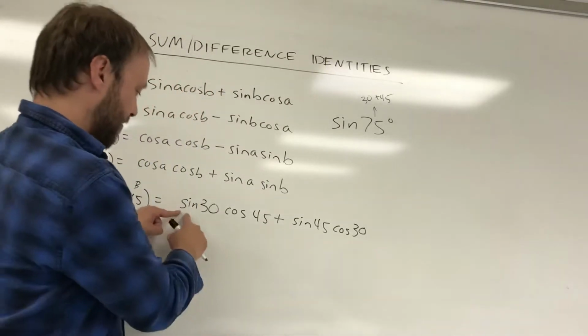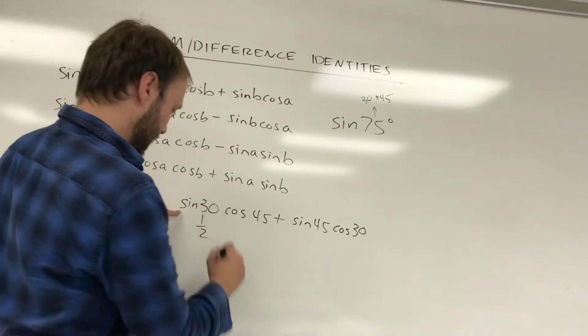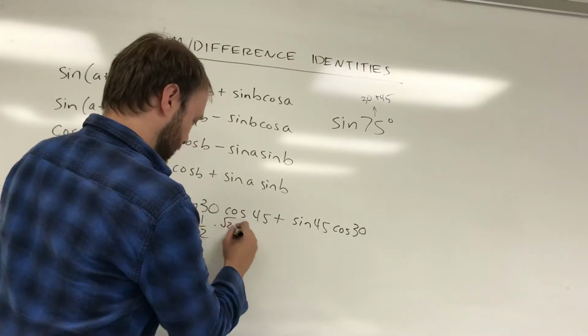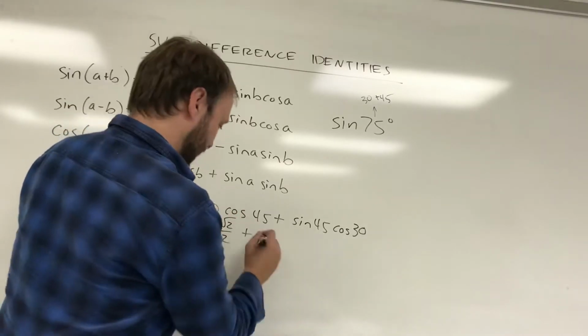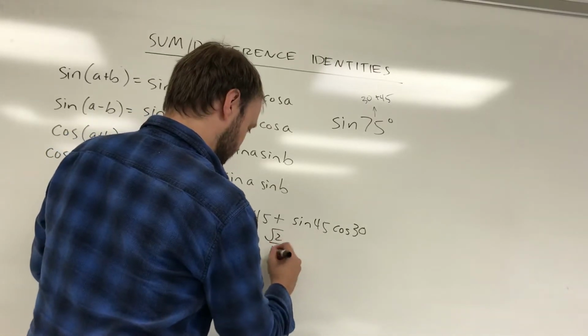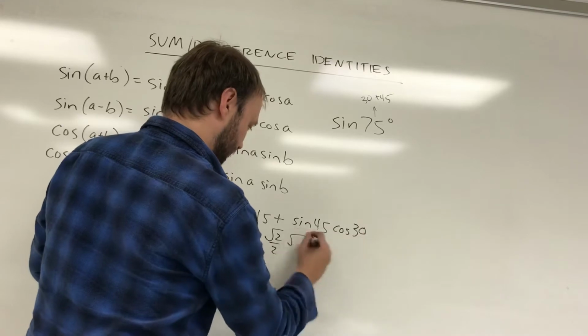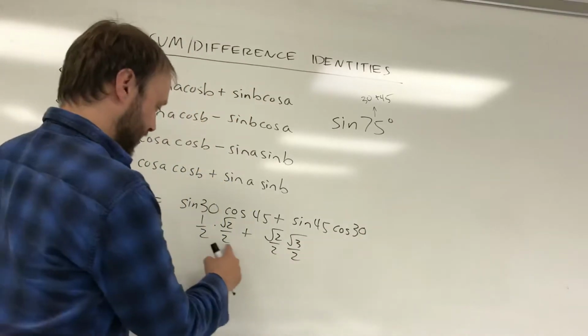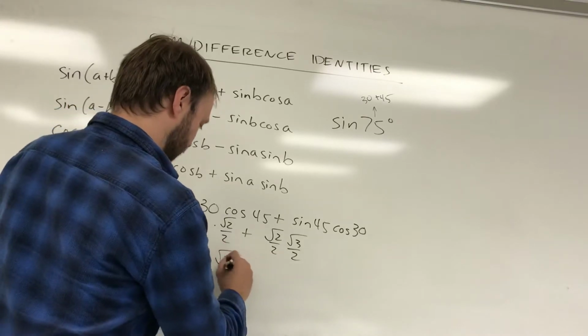So the sine of 30 is equal to a half, okay? We're going to multiply by the cosine of 45, which is radical 2 over 2, okay? And then we're going to add the sine of 45, which is also radical 2 over 2, times the cosine of 30, which is radical 3 over 2. Okay, if we multiply these two things together, we get radical 2 over 4.